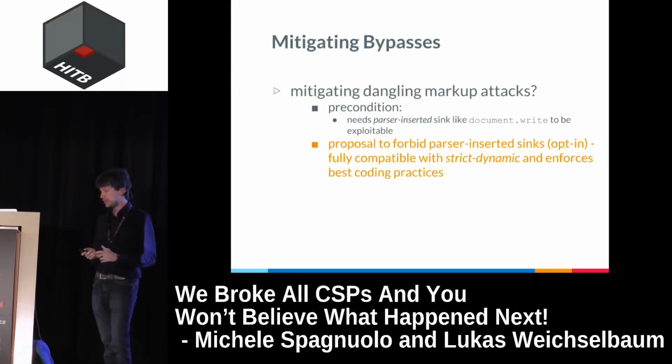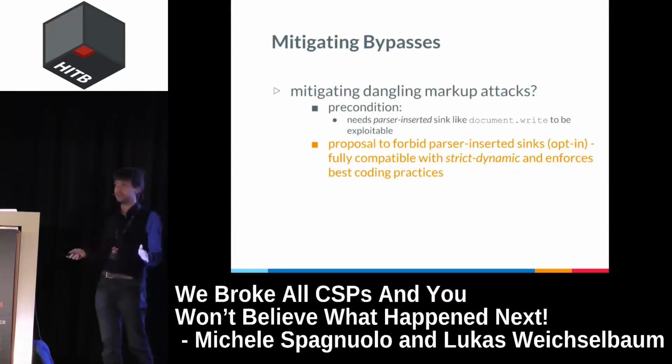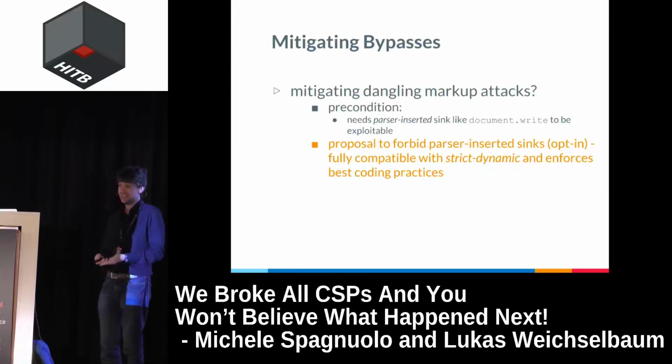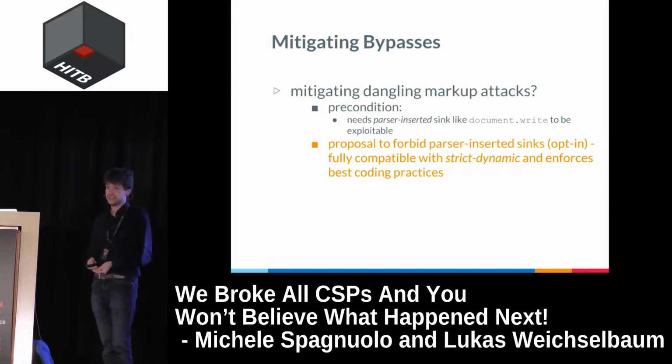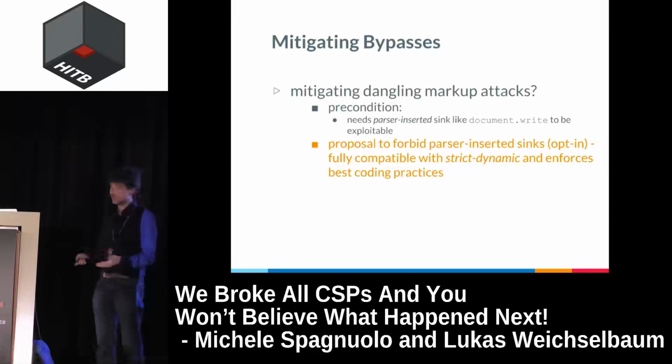And there is a proposal to forbid parser-inserted sinks at all, so to forbid, for example, document.write and company. It will have to be rolled out as opt-in because we are basically disabling JS APIs. But it is fully compatible with strict-dynamic. So all the properties that have strict-dynamic basically will have this extra protection for free.